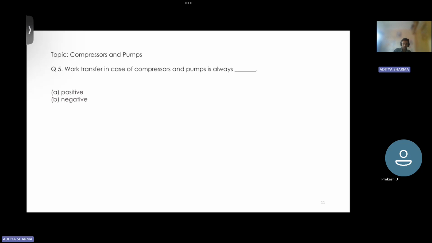So this is question number 5, and it states that work transfer in the case of compressors and pumps is always, whether it is positive or negative.